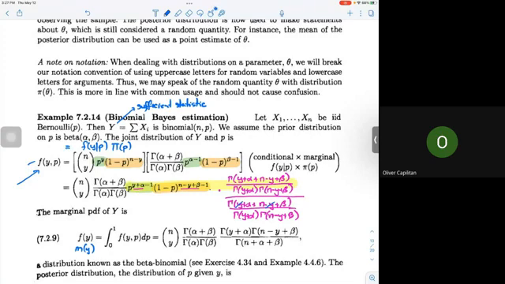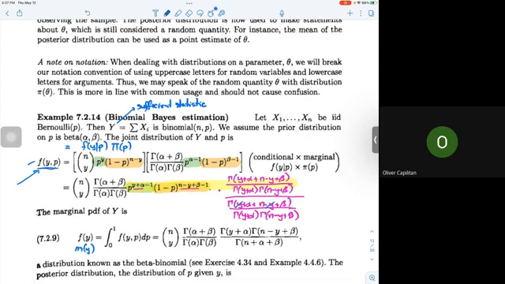Take note. In our joint distribution of y and p, we multiply a quantity equal to 1. This is the one in pink. This is a quantity equal to 1, so it is still the same as our joint distribution of y and p.